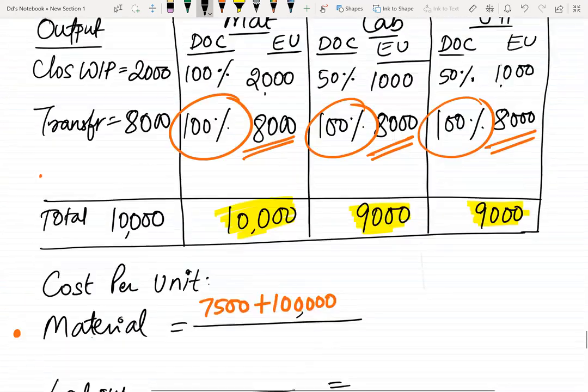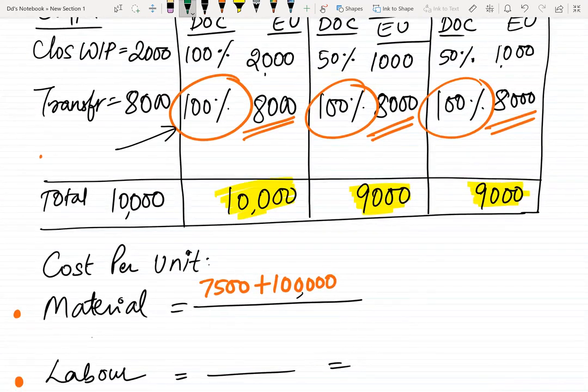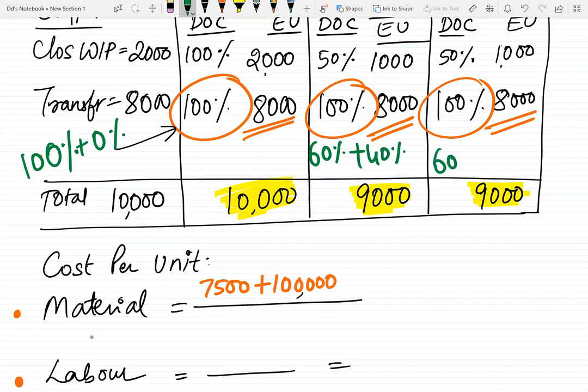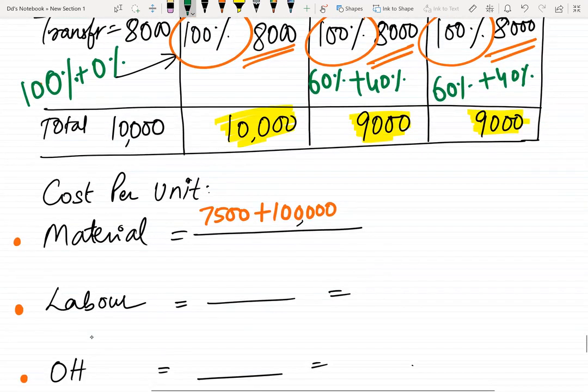But in the weighted average cost method we don't bother whether it is coming from the previous period or the current period, we add both. Here we said 100% because this was 100% plus 0%, 100% plus 0%, and this was 60% plus 40%. This was also 60% plus 40%. When activity percentages you can add, cost also you should add, last year plus current year.